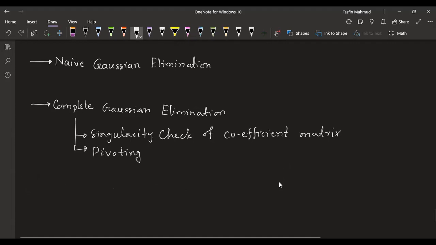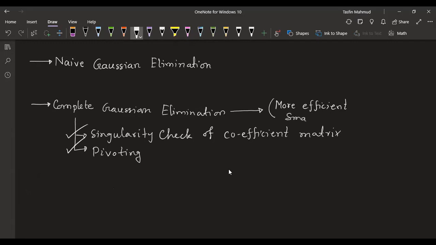Now we will discuss the first thing, the singularity check of the coefficient matrix, and then the pivoting. Why do we need to implement these two steps? Because complete Gaussian is more efficient, or smarter, than naive Gaussian elimination.